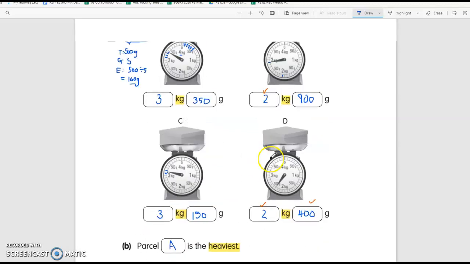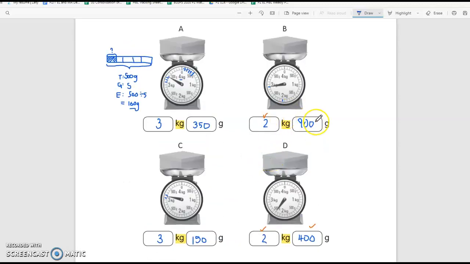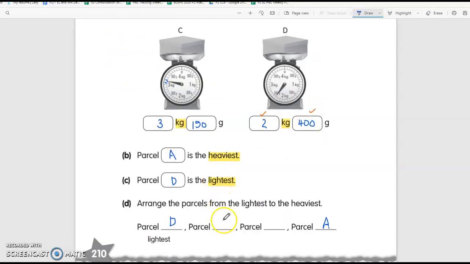Parcel D followed by the next, 2 kg 900 grams, parcel B, followed by parcel C and then parcel A. Okay, I hope you have a clearer picture of how to measure mass now and read the scales carefully. And I also hope that you know how to compare heaviest and lightest objects by reading the scales.